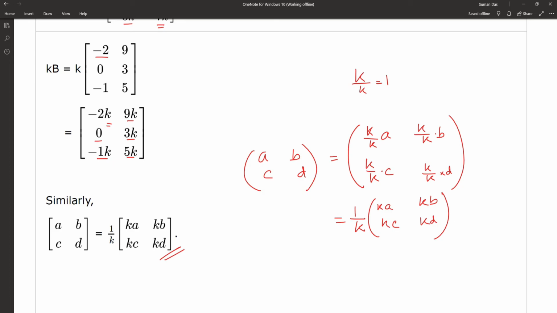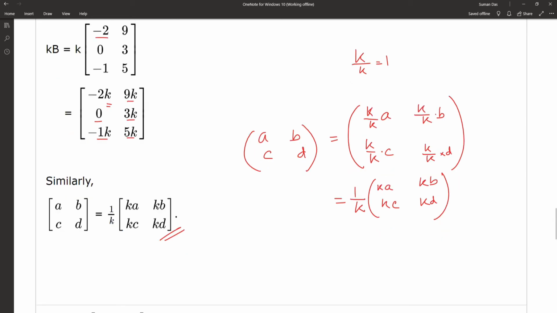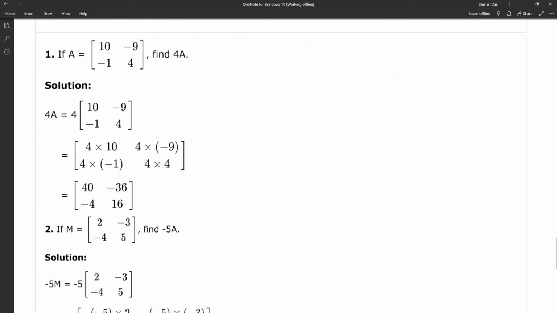So not only the multiplication with a scalar, we can also take the common factor from a matrix. Let's check another example. If capital A is equal to [10 -9; -1 4], find 4A. That means we have to multiply the matrix A with the scalar, that is 4. So each and every element of the matrix A must be multiplied with the 4. So 4 into 10, 4 into minus 9, 4 into minus 1, 4 into 4, or we get 40, minus 36, minus 4, 16.